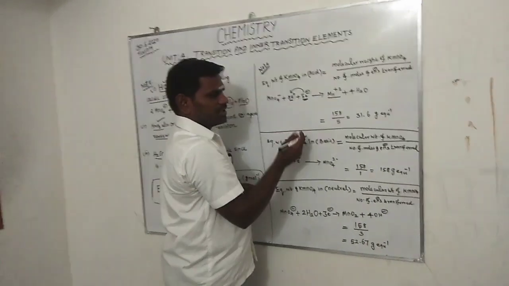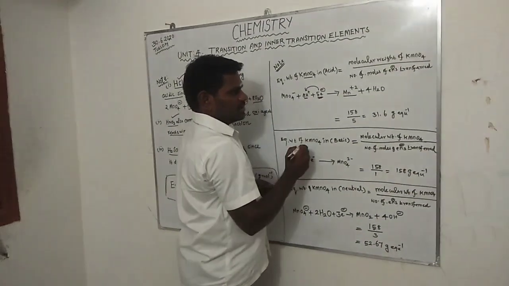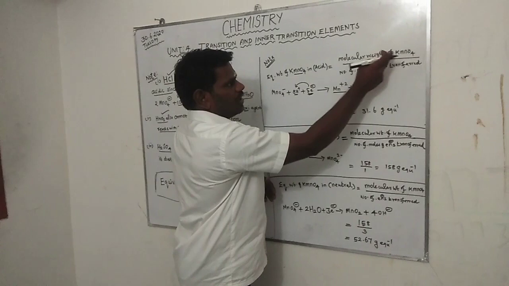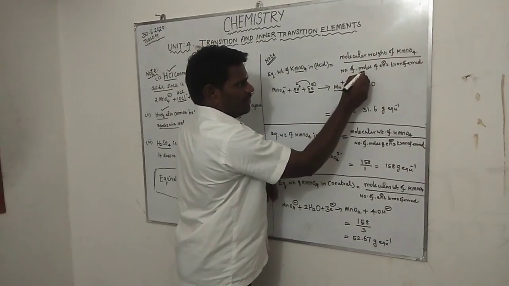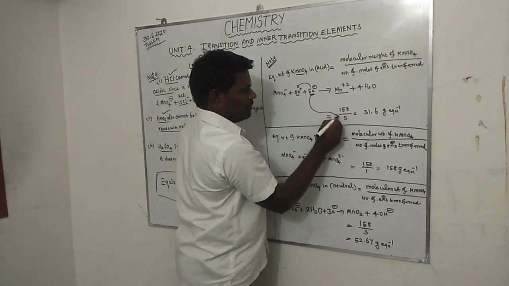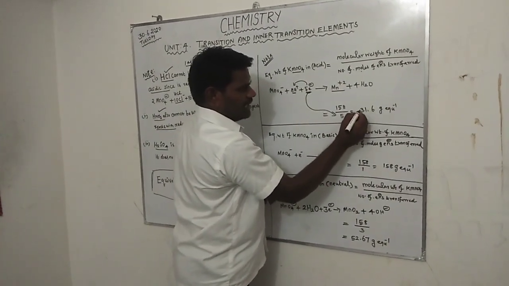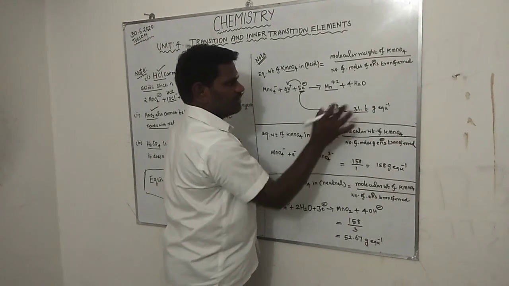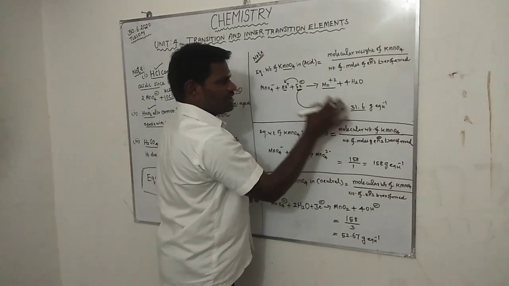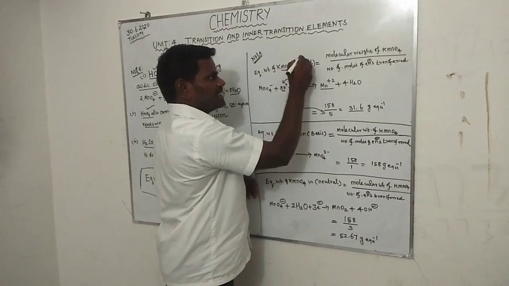How many electrons are transferred here? 5 electrons. Now the molecular mass of potassium permanganate is 158, number of moles of electrons 5. Finally we get 31.6 gram equivalent inverse, the equivalent weight of potassium permanganate in acid medium.